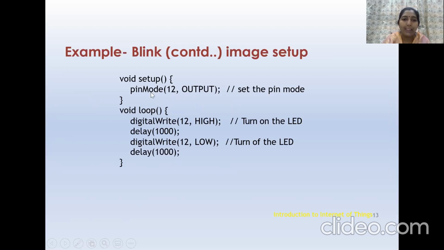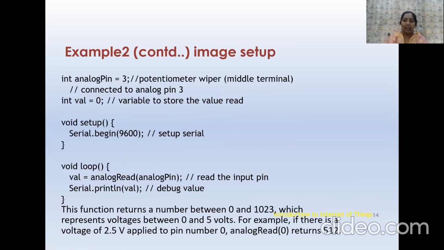The meaning of this pinMode statement is that there is an output device connected at the 12th pin. And next, within the loop, we should write the programmable instructions which can be used to control our LED device.